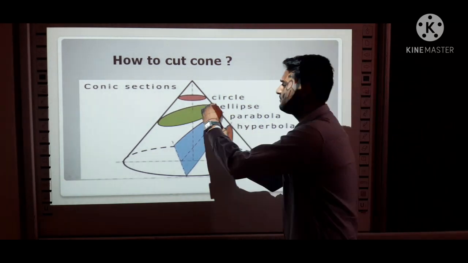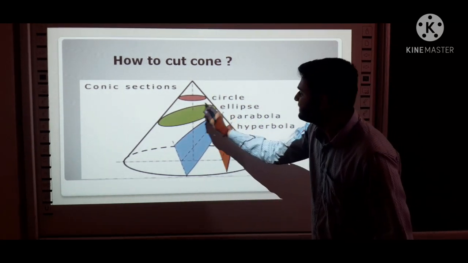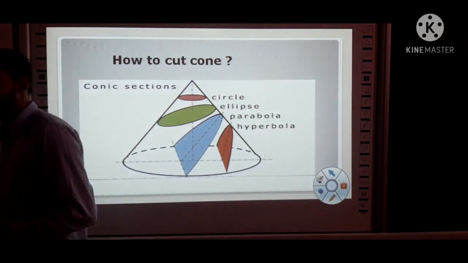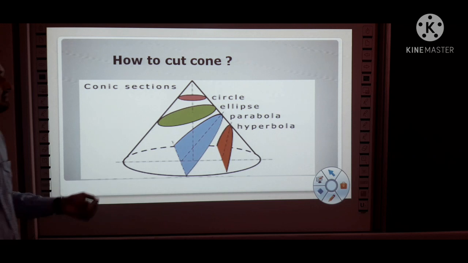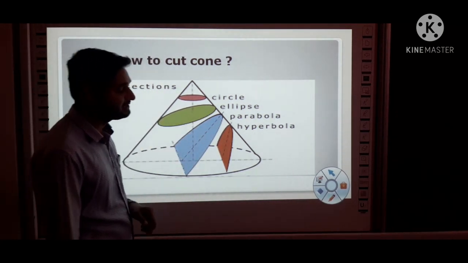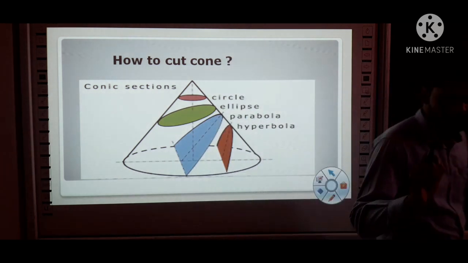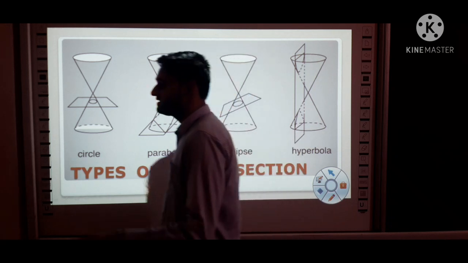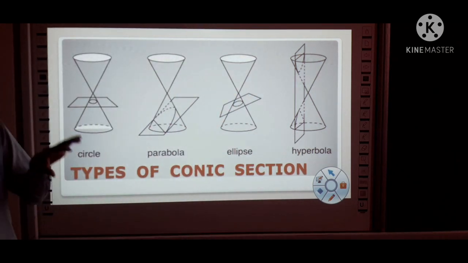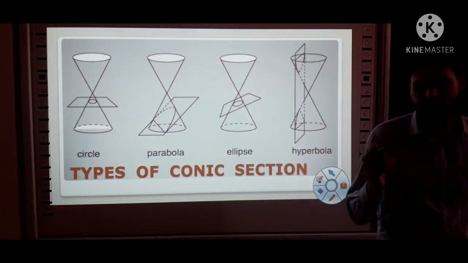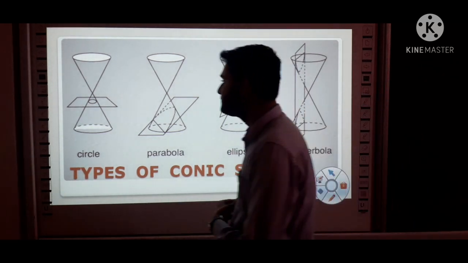If we take some more angle, then this figure will become a ellipse. And third one, if we increase the angle theta slightly, then this figure becomes parabola. And in the last, when theta has the maximum value, that figure is hyperbola. So this is the angle difference between the four conic section parts like circle, ellipse, parabola, and hyperbola.